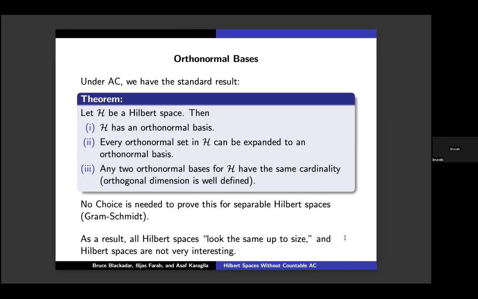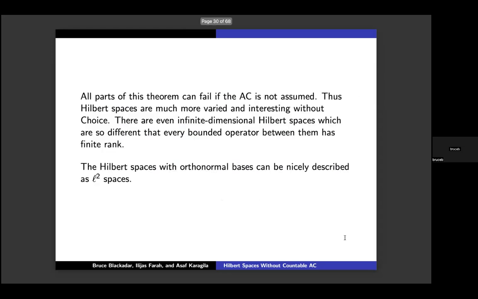So we usually think that Hilbert spaces aren't very interesting because they all look pretty much the same, right? They're the same up to size. Well, without the axiom of choice, all the parts of this theorem can fail.